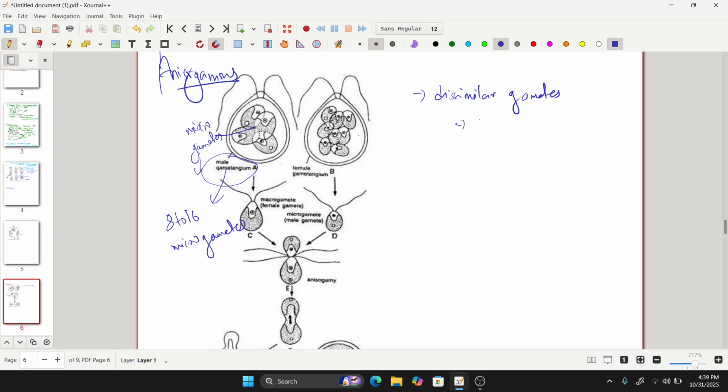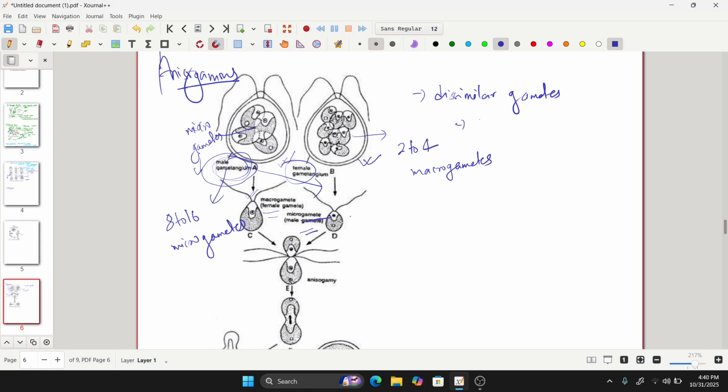Likewise, the female gametangium leads to the formation of female gametes, where the protoplast inside the female gametangium divides to produce 2 to 4 macrogametes. So in this way, male gametes are formed inside the male gametangium and female gametes inside the female gametangium. The female gamete is known as the macrogamete, and the male gametangium gives the microgamete, also known as the male gamete.